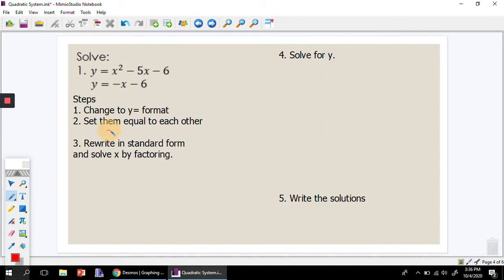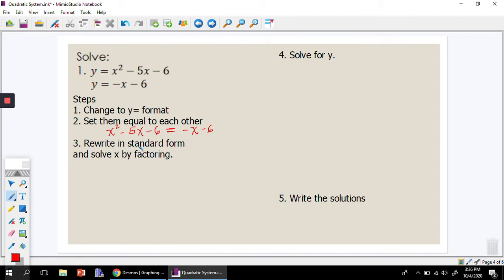So x squared minus 5x minus 6 is equal to negative x minus 6. If the value of x is equal, then these two equations are equal. So that's it, and then let's do step 3.